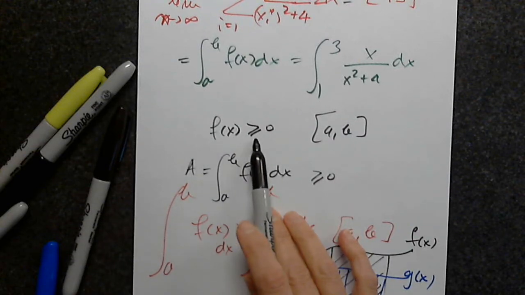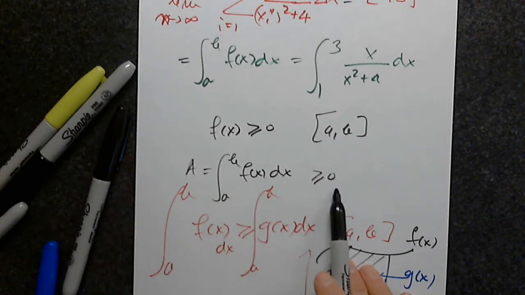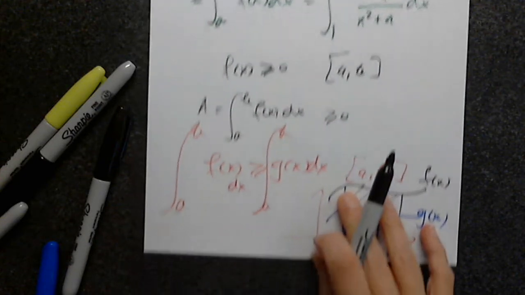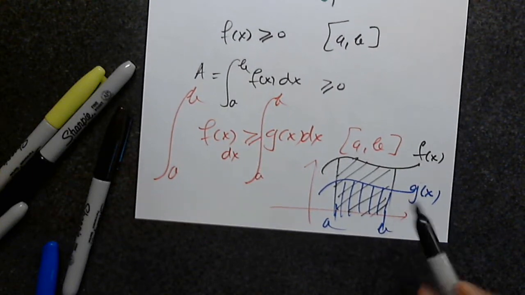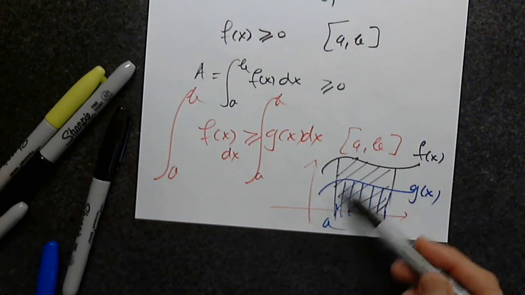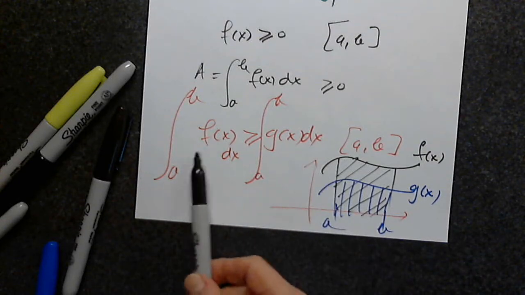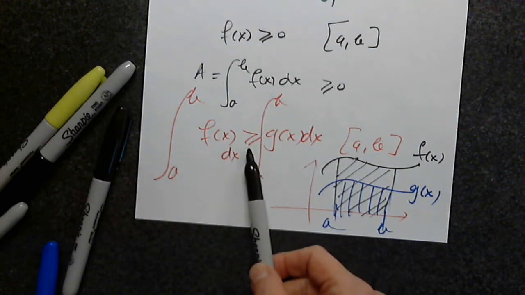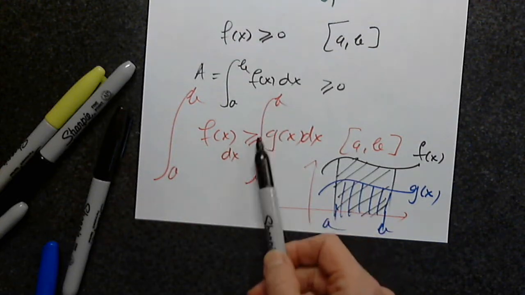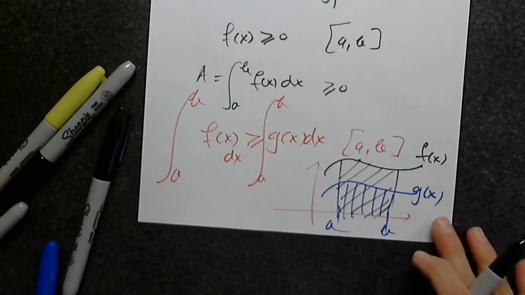If a function is positive on the interval a comma b, the area under the function must be positive or 0. If a function f of x is above a function g of x, the area under f must be bigger than the area under g. If f of x is greater than or equal to g of x, the integral of f of x dx must be greater than the integral of g of x. I thought I missed something. No, that's fine. Is this okay now? Yes.